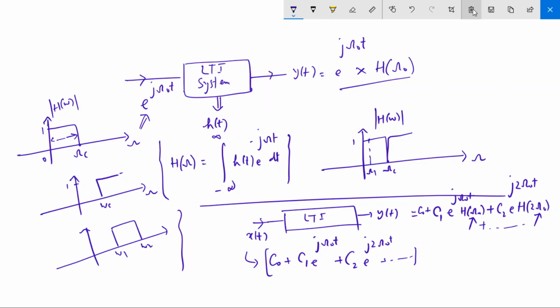You simply make it one at the frequency which you want to pass, and make the response drop to 0 at the frequency which you want to stop. So you can design a filter like this. This is another important significance of complex exponential signals. Using them, you have an insight into how the system processes different frequencies when you pass a signal through it.